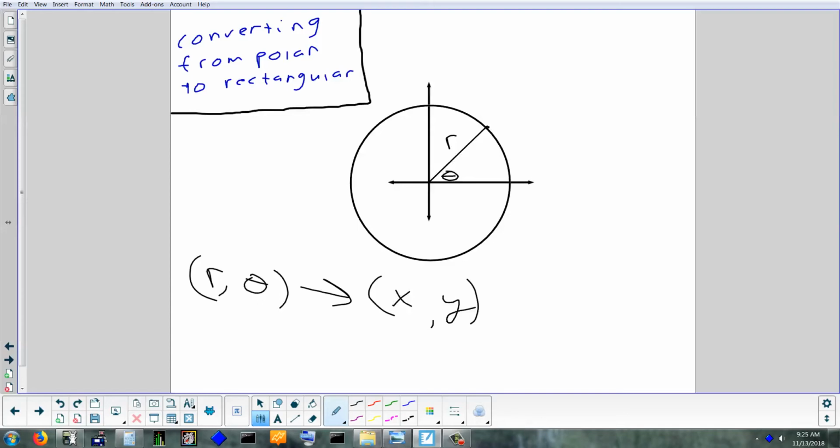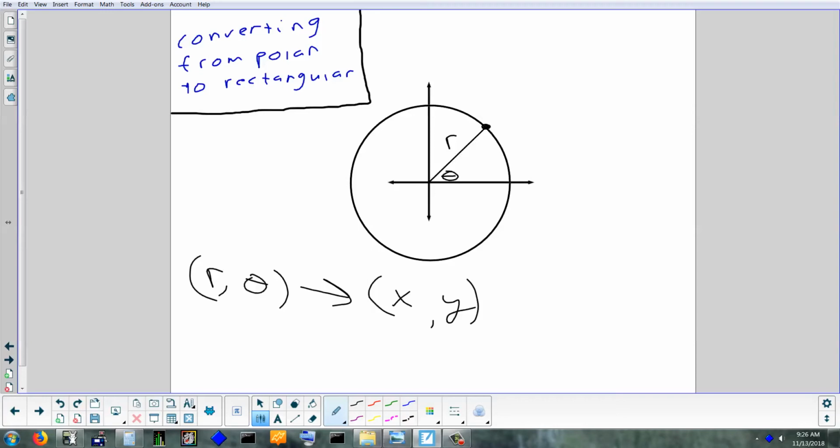Anyone have a thought at what I can add to this picture that will help me to figure out a horizontal distance, which is x, and then a vertical distance, which is y? So that's what I want to figure out, a different way to get to this point by moving horizontally and then vertically. That's how x, y works.